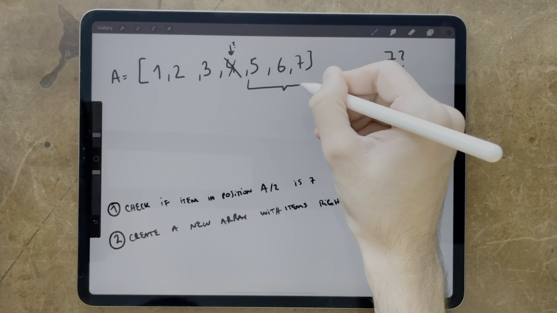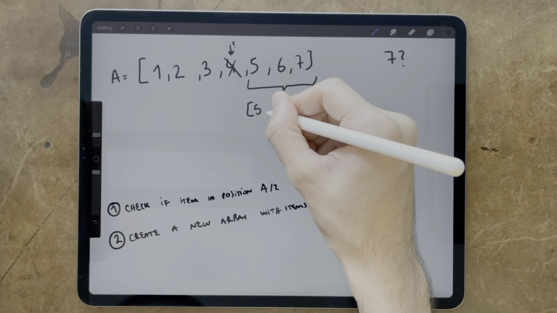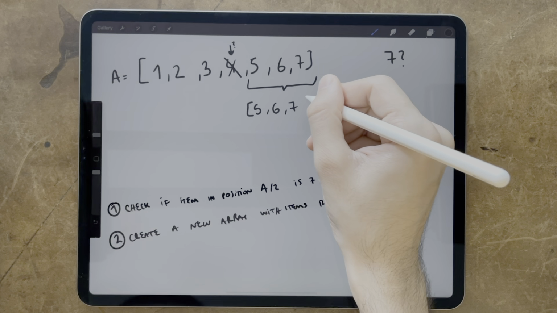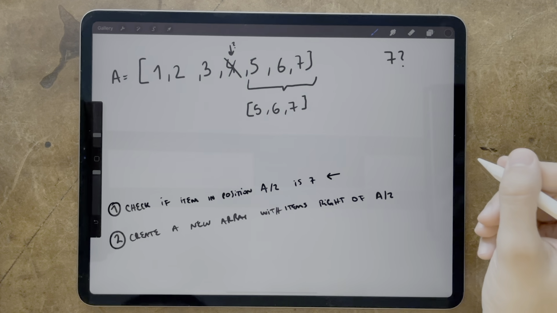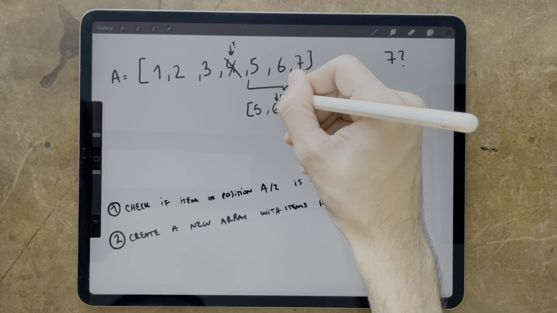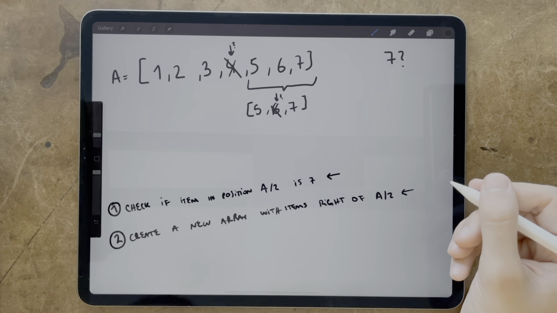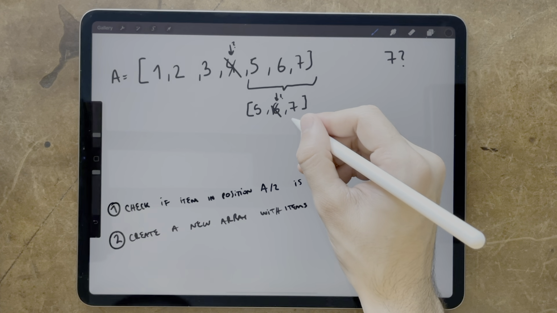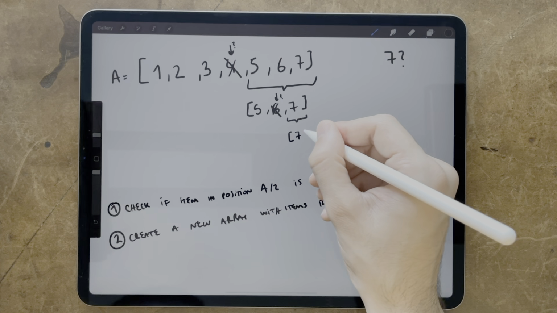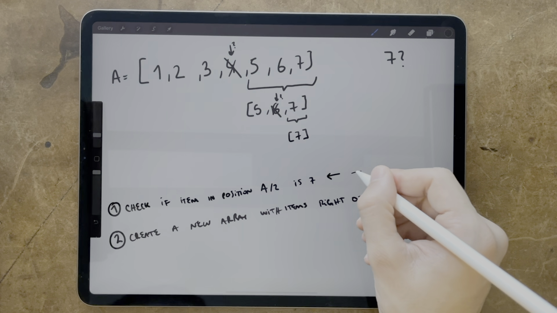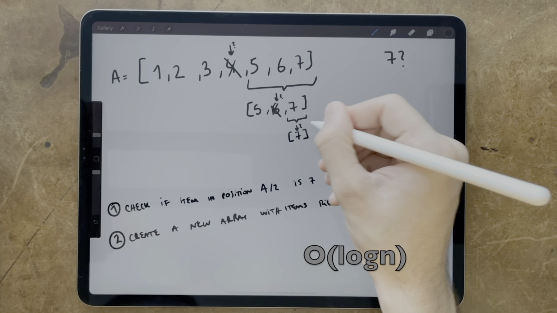And it repeats these two steps until finding the right item. This has a logarithmic complexity, as we can see here.